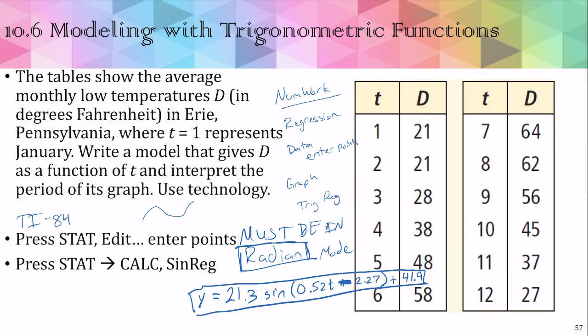All right, now we are supposed to interpret the period of the graph. Well, b is 0.52, so the period is 2 pi over b, which would be 2 pi over 0.52.